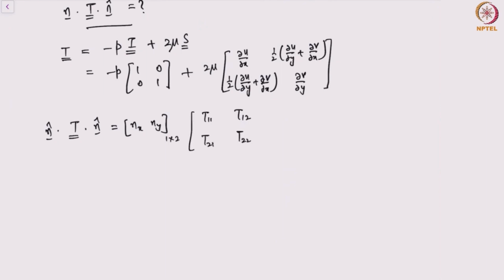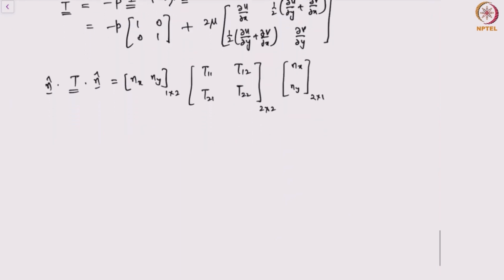That's the stress tensor, a 2 by 2 matrix. And finally I have Nx, Ny. That's a column vector, right? I would like all of you to try out this expression yourself. The Nx and Ny are just the x and y components of the normal vector.